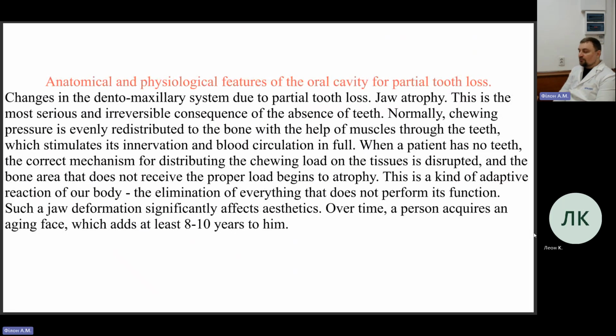Okay, after that, before doing any operation, before doing any surgical, therapeutical, or orthopedical preparation, you should check his diagnostic models.